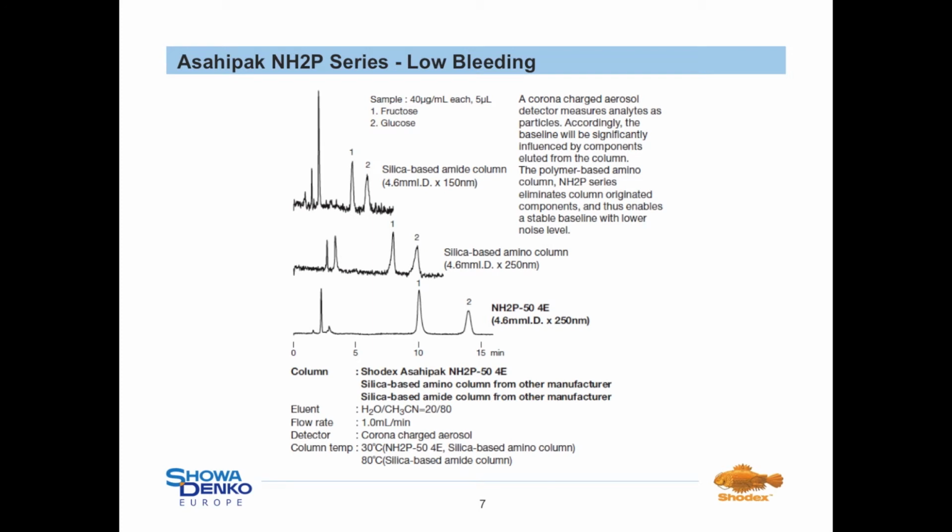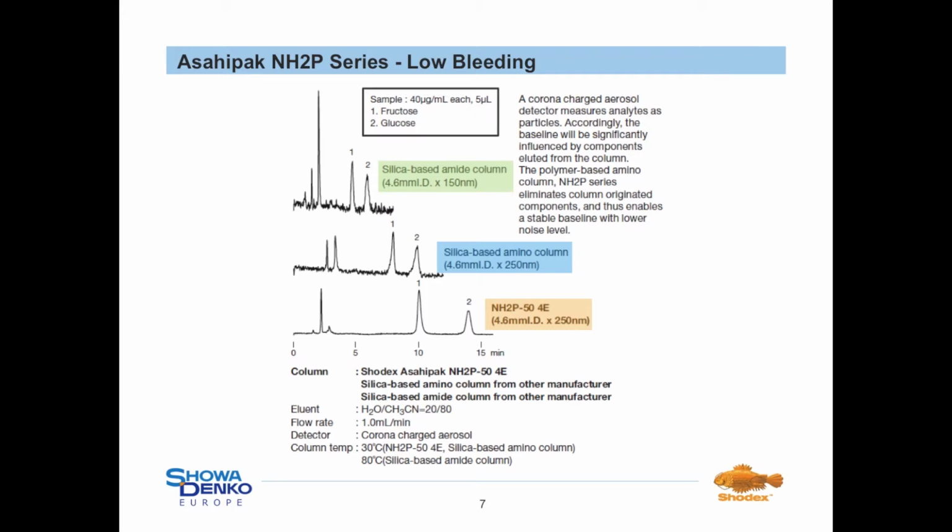One of the most important tasks in sugar detection is to decrease the bleeding activity of HILIC columns to achieve stable baselines in the chromatogram when particle-sensitive detection methods like ELSD are applied. To visualize the impact of bleeding, a silica-based amide, silica-based amino, and our polymer-based NH2P-50 4E column were compared regarding the signal-to-noise ratio, as well as the drift of the baseline.